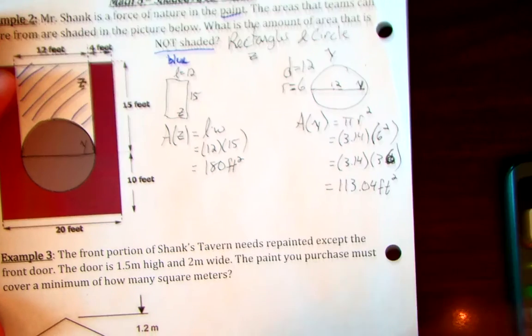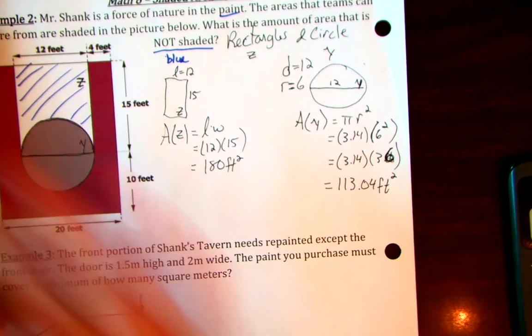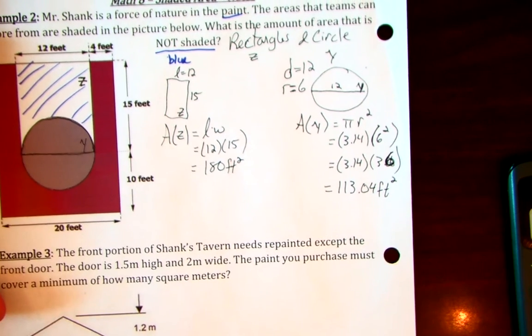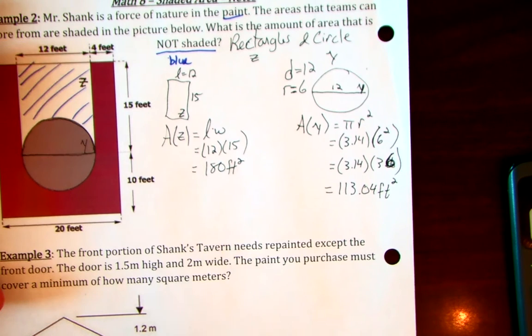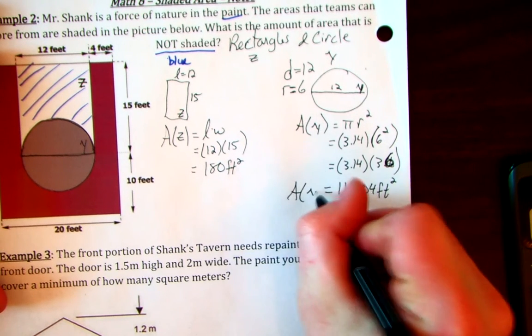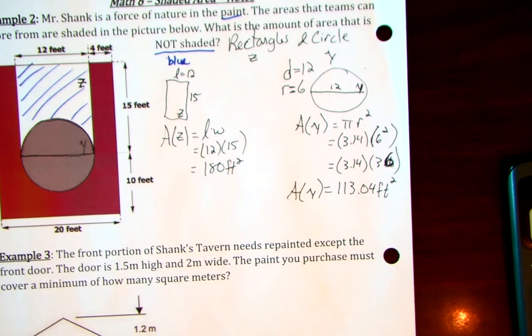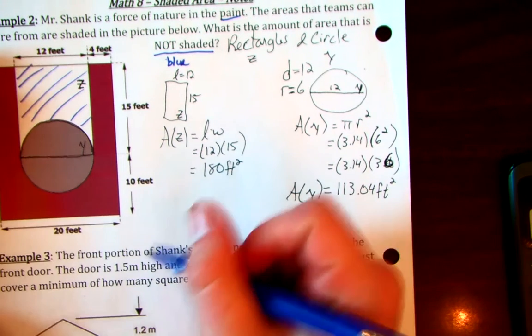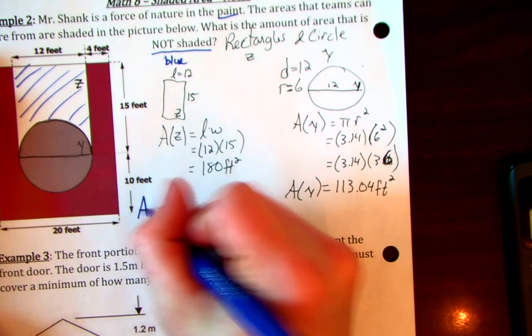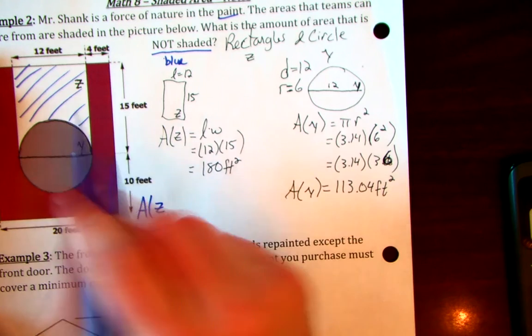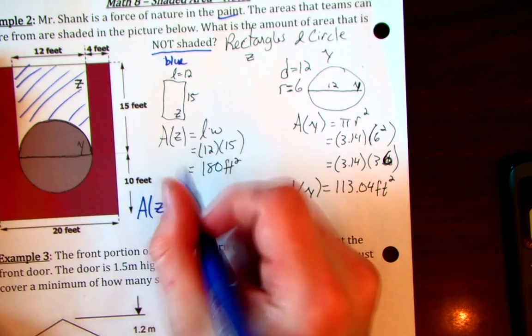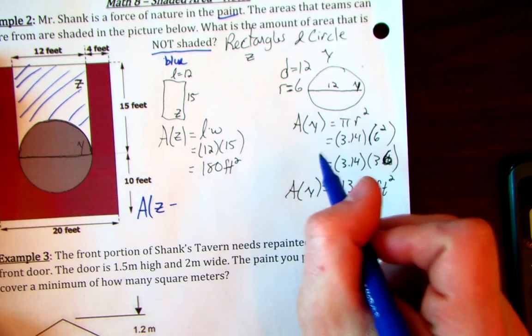All right. So normally, when you're trying to find the area of this entire shape, you would add them together. However, since we are looking for just this amount in blue, we take the difference. So let's show it like this. We have the area of our shape Z, which is that small rectangle, minus the circle.